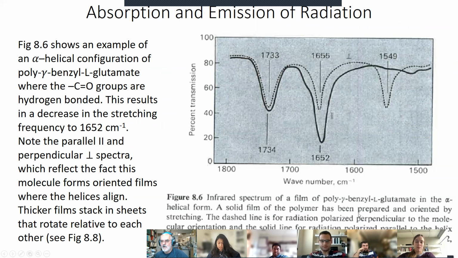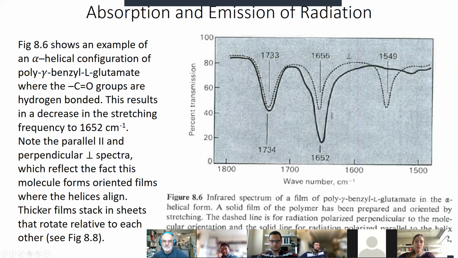This molecule, poly-gamma benzyl L-glutamate, is known to make oriented alpha helical groups. And depending upon how you prepare it, the entire layer will be all pointed in the same direction, but the layer above it will be slightly oriented and rotate.